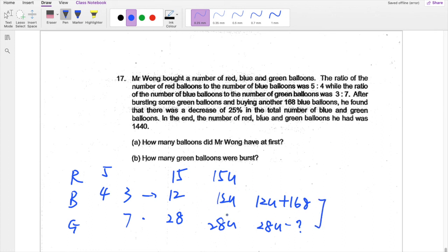Well, we see that total number initially is 12U plus 28U, which is 40U, right? If decrease 25% means 40U times 3/4, right? Means only 75% left, which is 3/4 left, which gives 30U.